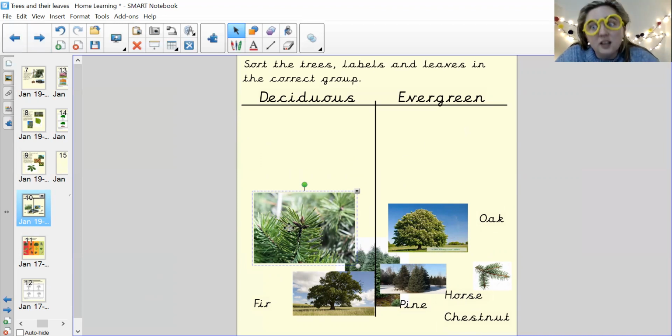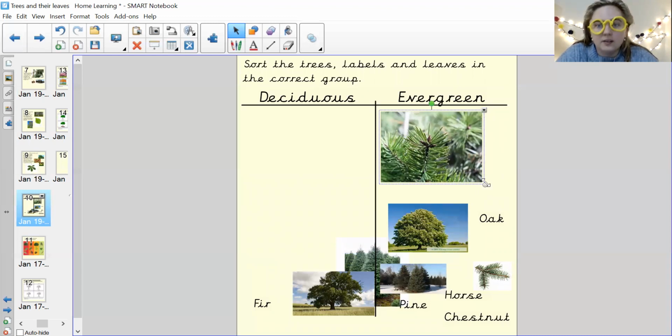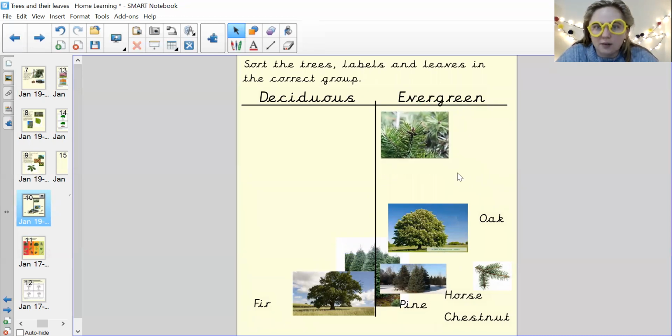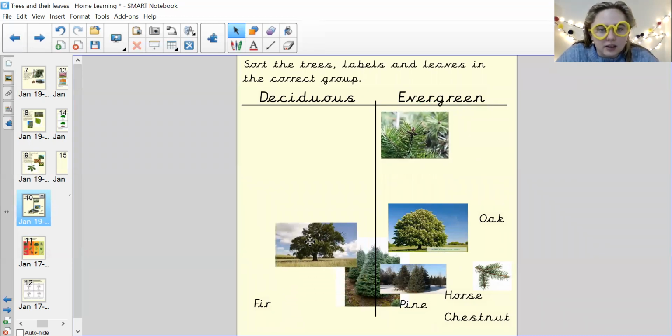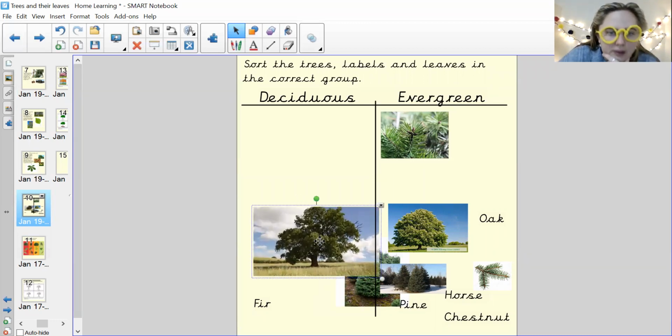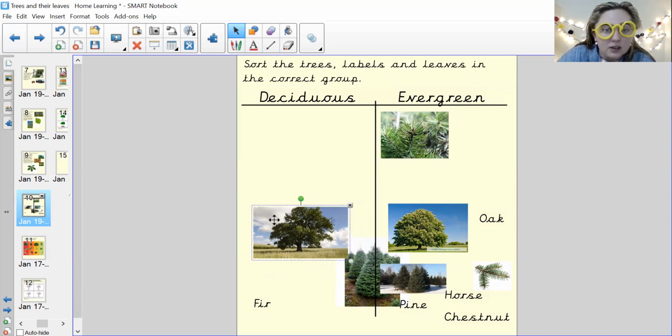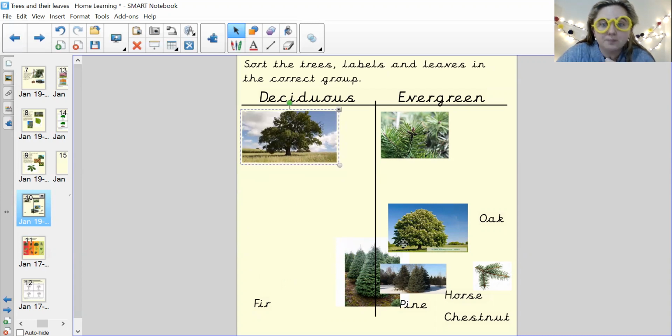Well, spiky, small, so evergreen, all year round. Let's have a look at this one next. Big leaves. You can't quite see them, but big leaves, and I think they fall off in the autumn. So that one is deciduous.